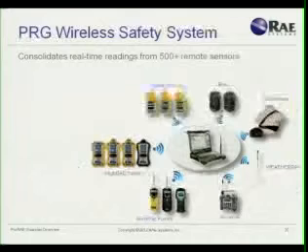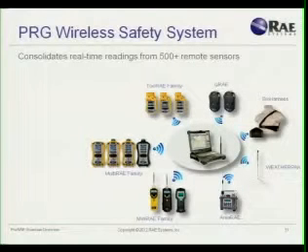Now, let's come back and look at the overall wireless safety system, maybe from 100,000 feet, because there's no technical jargon here. It's a simple picture, a simple diagram. As you can see, at the center, there's ProRay Guardian running on a laptop, a ruggedized laptop in this case. And it is receiving data from a variety of wireless devices.